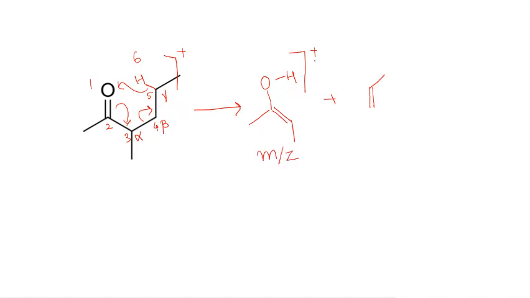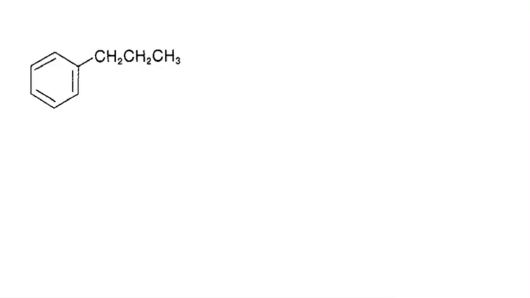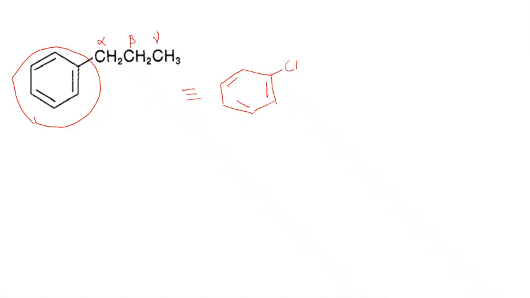Similarly, instead of a carbonyl group, if we have a benzene ring and a gamma hydrogen, alpha, beta and gamma hydrogen, then also McLafferty rearrangement is observed. So we have a benzene ring over here and we have alpha, beta and gamma hydrogen.